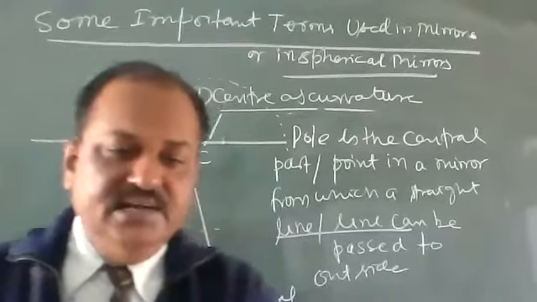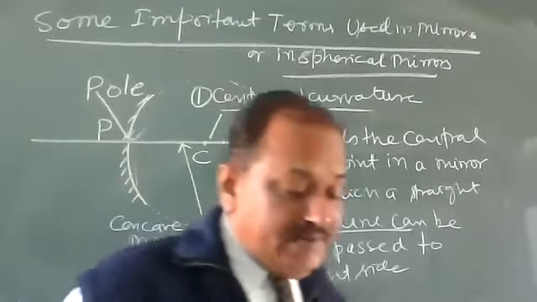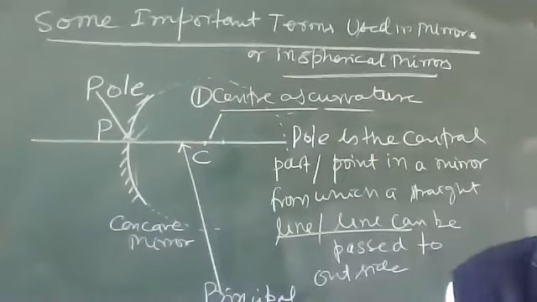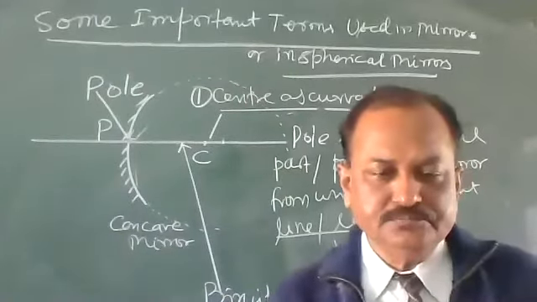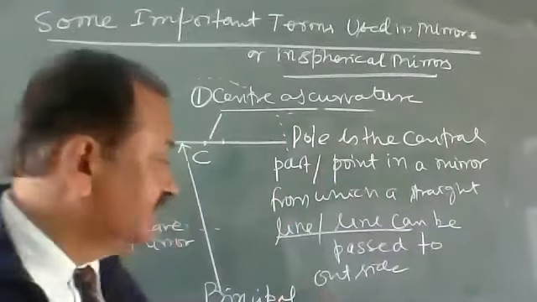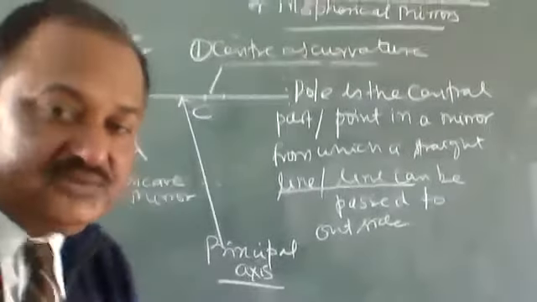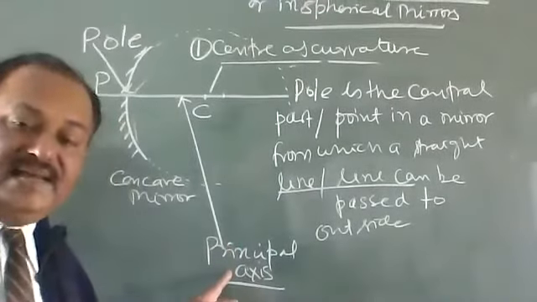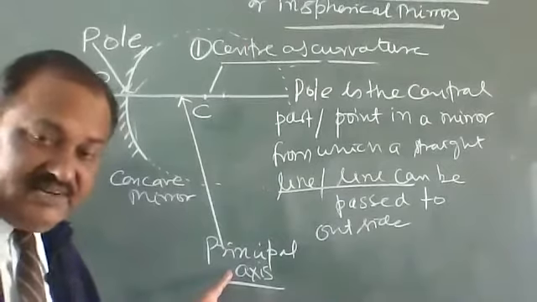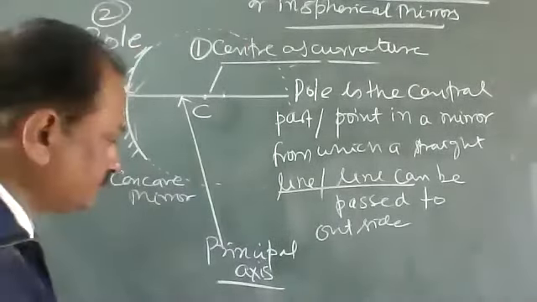Which axis? The principal axis. Is that clear? So this pole is the second point.